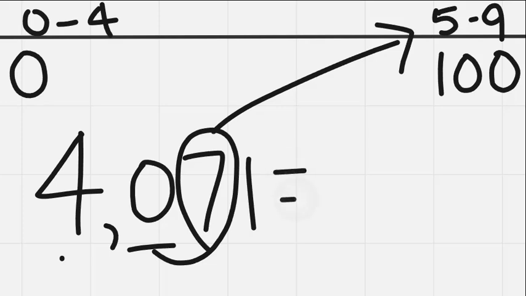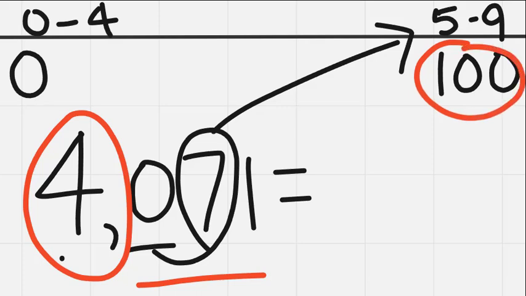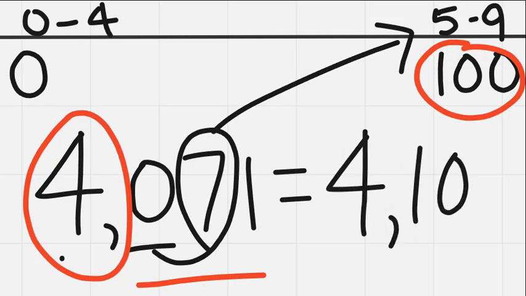So when we write our answer, 4,071, we're going to include the 4 for 4,000, and then the 071 changes to 100 because the 7 tells it to round up to 100. So our answer is 4,100. Be sure to check your work.